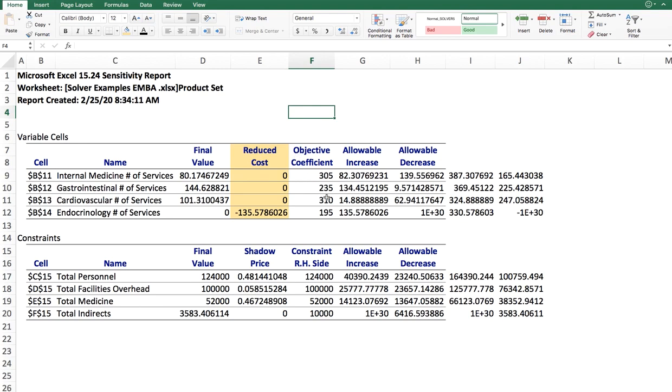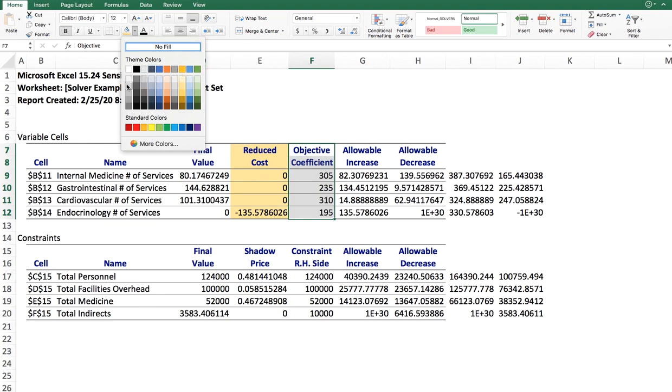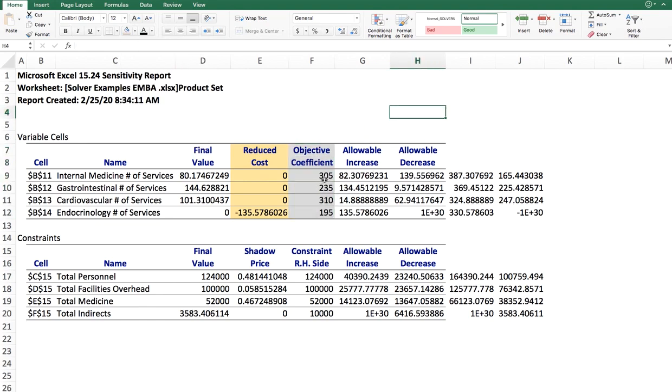So what does that actually mean? Right now, all they're saying is the objective coefficients are nothing but your profit. So let's mark that too. Based on the profit, unless the hospital can increase its profits by about $135.58, it's not going to include endocrinology services.